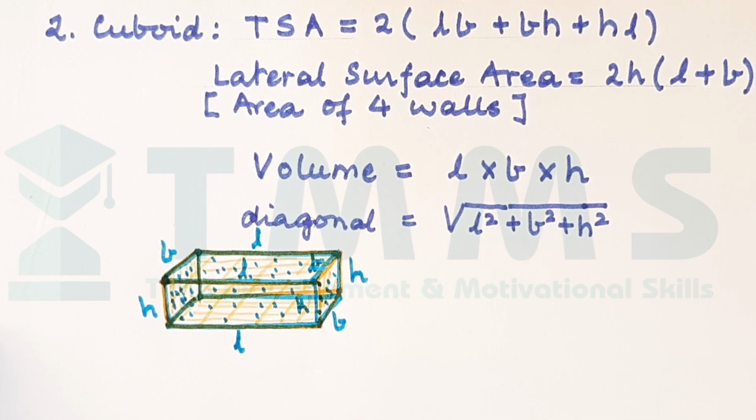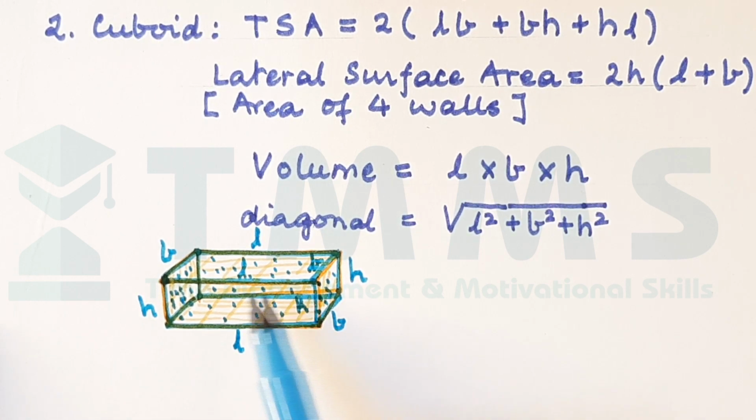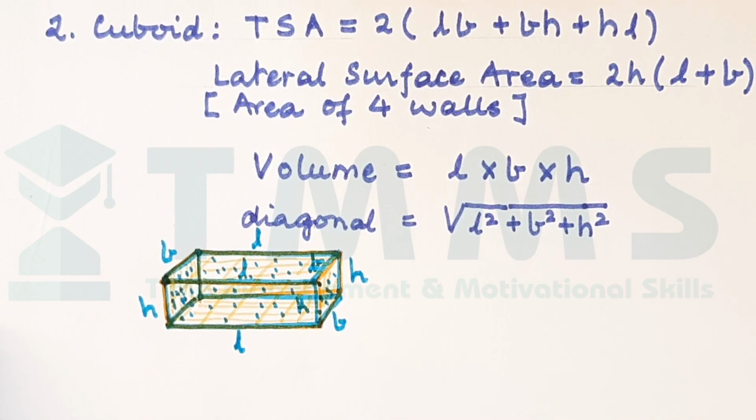Understand. Now I'll explain this to you again so that you will remember the formulas. Once you have these formulas nicely fixed into your memory, you will solve any problem, any numerical, any question based on this. So visualize this.